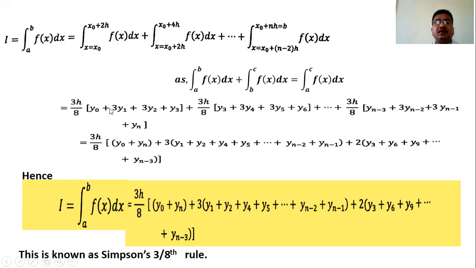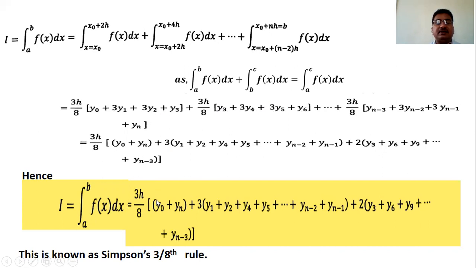So take this 3 as common from all these terms. Plus this y3, and this y3 becomes 2 times y3. This y6 and the next y6 become 2 times y6. In this way, y n minus 3 and the previous y n minus 3 become 2 times y n minus 3. Take these 2 as a common factor, and then what we have? y3 plus y6 plus y9 and up to y n minus 3.